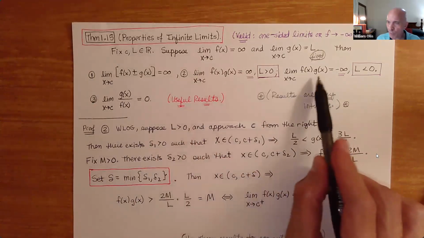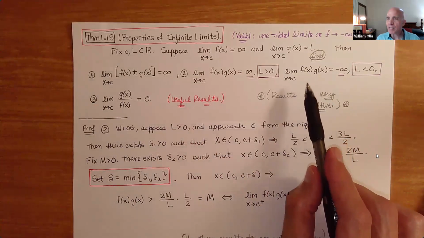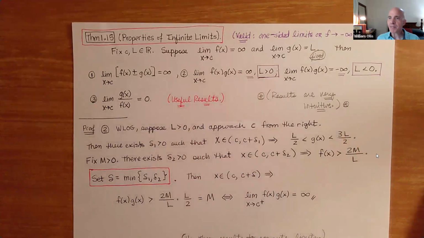The same goes for products. The only thing you have to remember is that whatever the sign of L is basically determines the sign of the infinity. So it becomes arithmetic, the sign test, which is not surprising because we had to do that in the previous exercises. So just again, think like you're doing inequalities and you're doing the boundary values and you're trying to figure out when the function is positive.